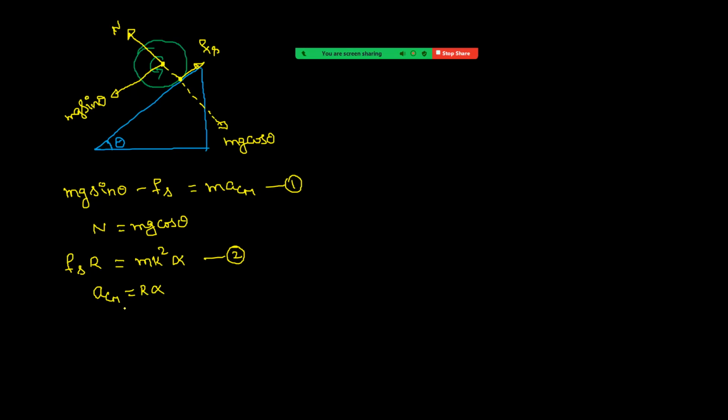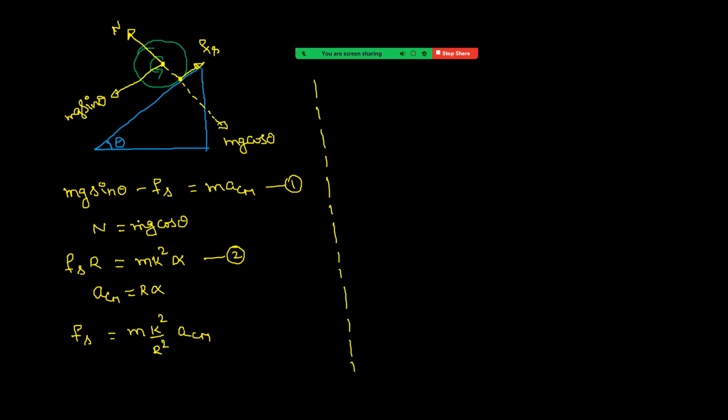Take this as the second equation. Then Fs is equal to m k squared by R squared into a_CM, because in place of alpha I am taking a_CM by R. Here we want to calculate the acceleration of the center of mass and how much frictional force is acting on the body.